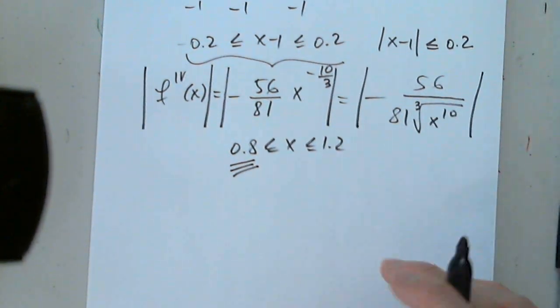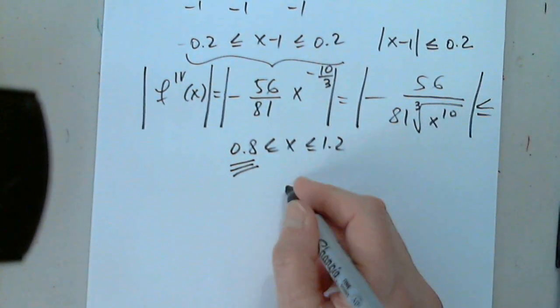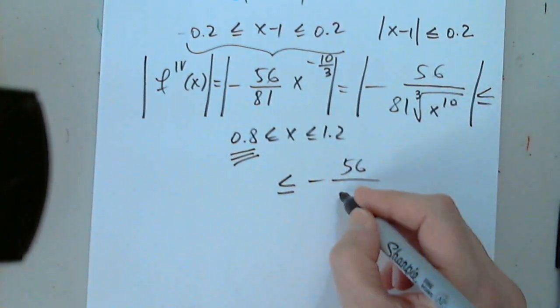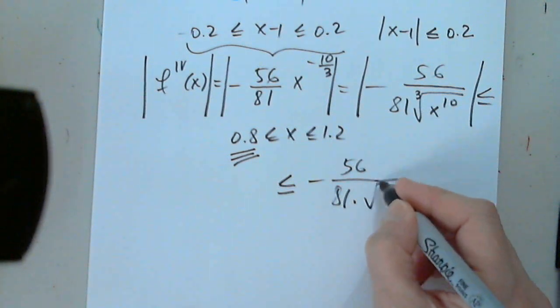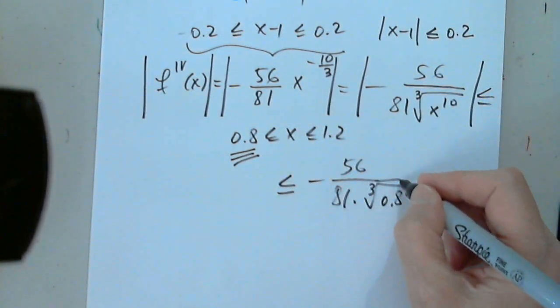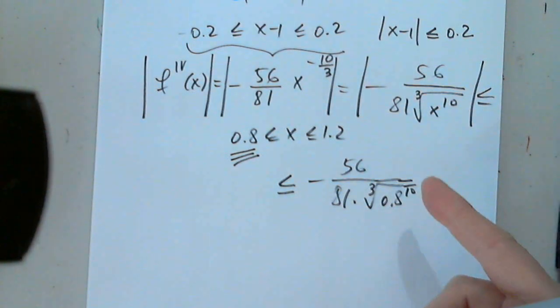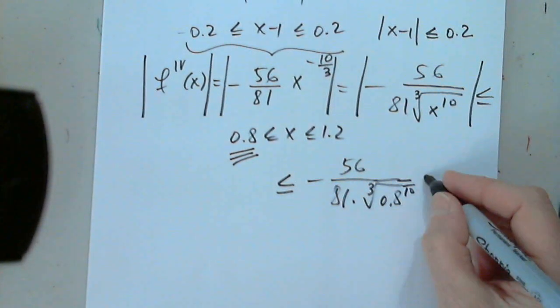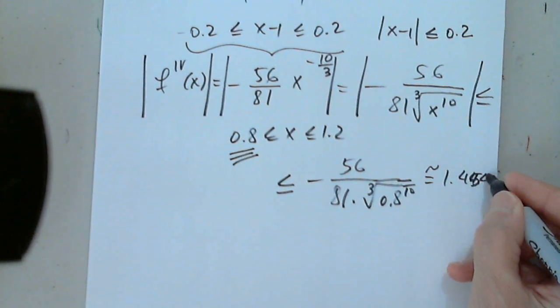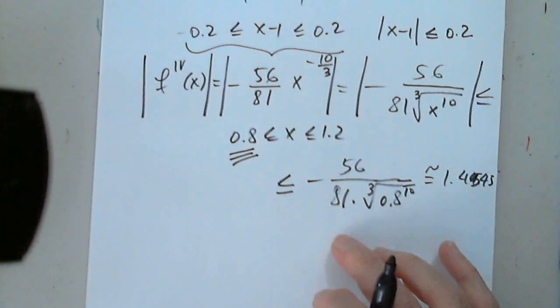So this will be less than or equal to 56 divided by 81 times the cube root of 0.8 to the 10th power. I calculated this and I got approximately 1.4545.